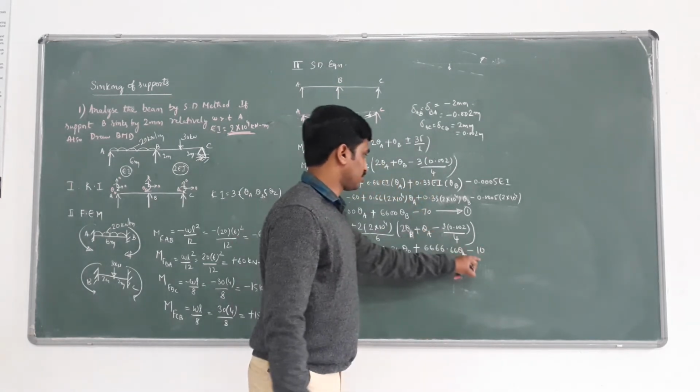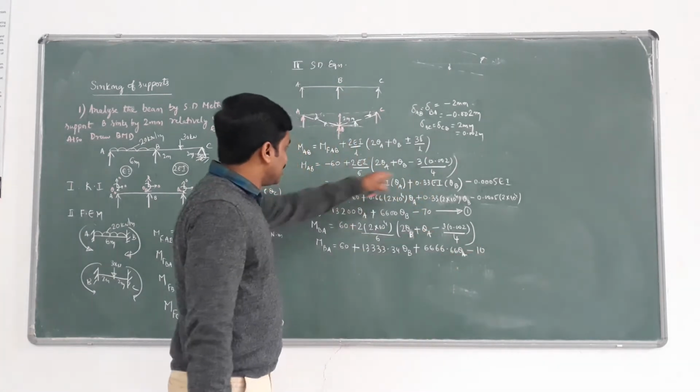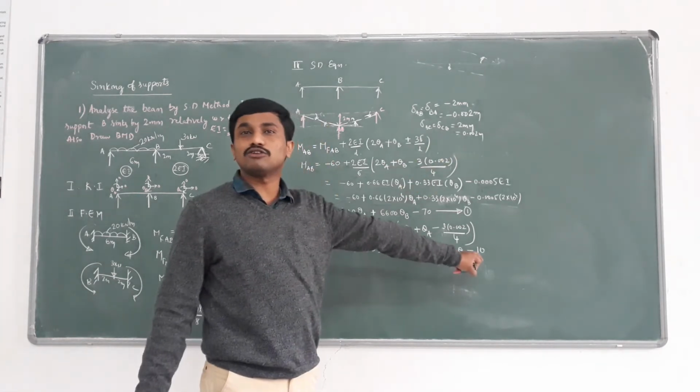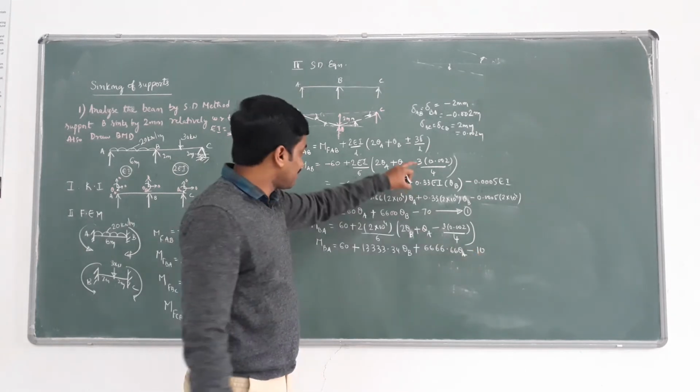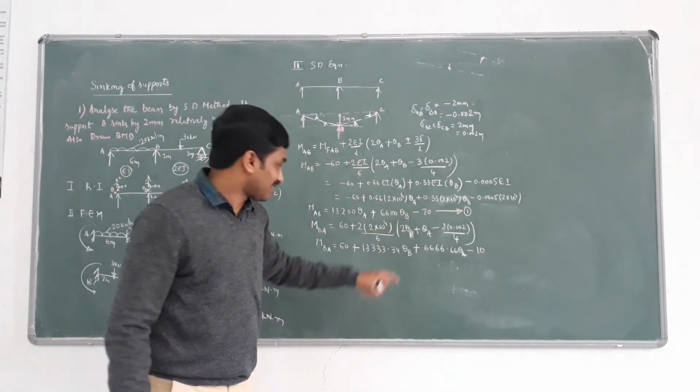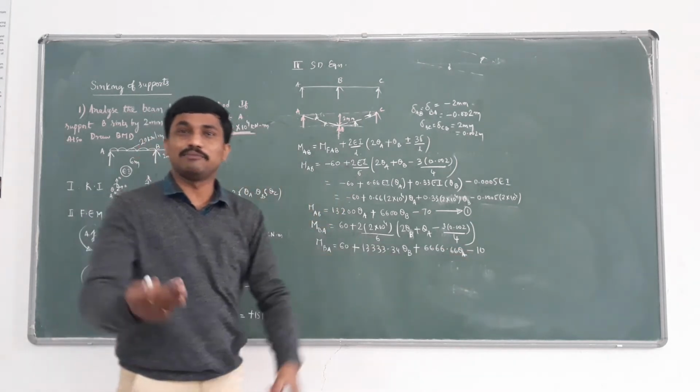Plus into minus 10. The same should come here, since the factors are the same. Here 10 came, so we can expect a similar 10 here also. But here minus 10 minus 60 became minus 70, and here minus 10 plus 60 will become 50.